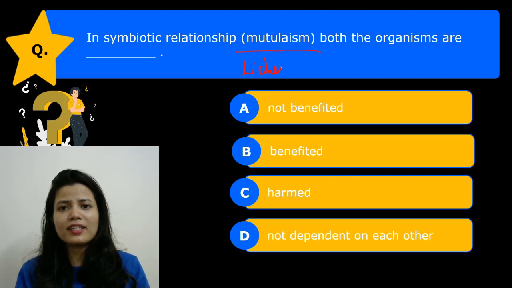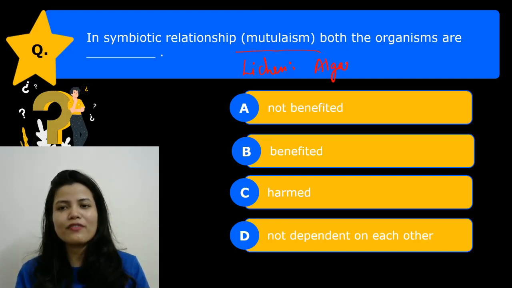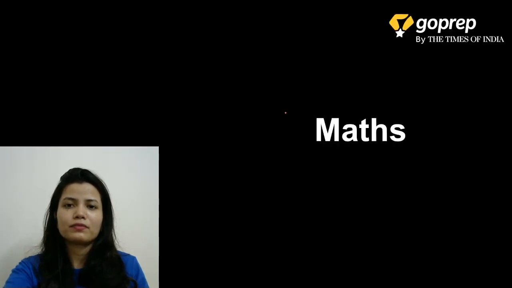Lichen is a symbiotic association of alga and fungi. They both live together. The alga can make food, so it gives food, and the fungi provide shelter. It means both the alga and the fungi are benefited. So the correct answer is, both are benefited.